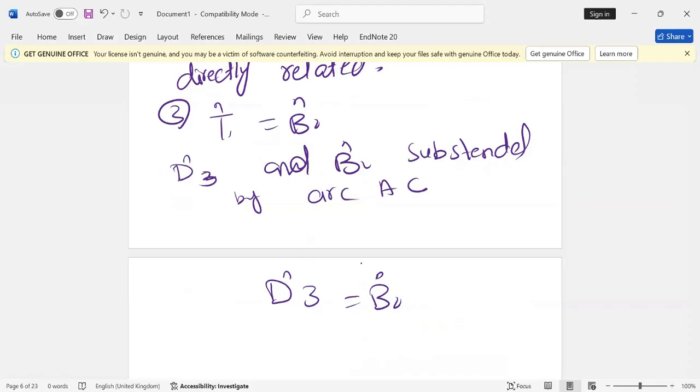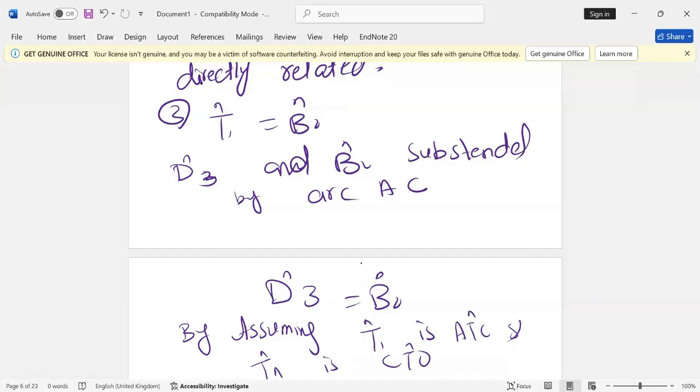assuming that T1 is ATC and T1 is CTO, okay?